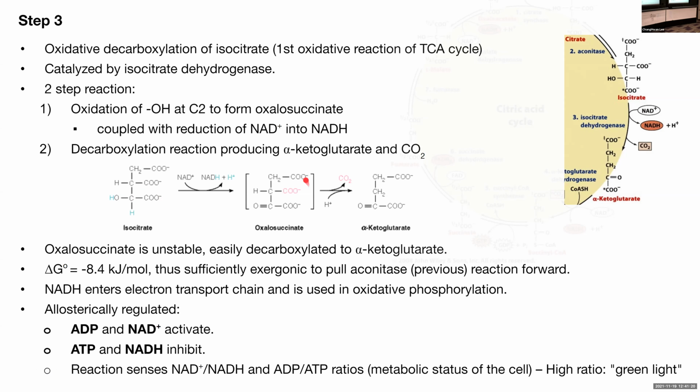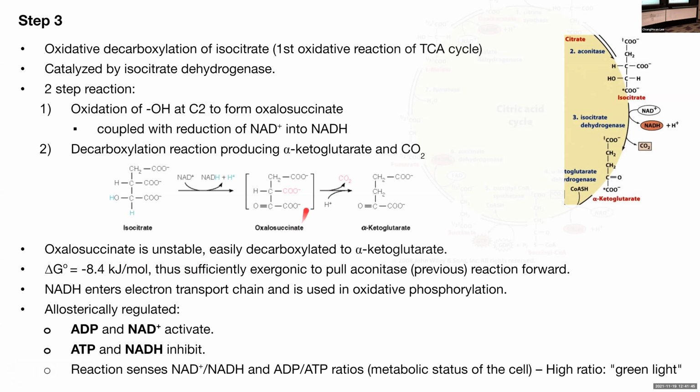And then the next step is the decarboxylation of oxalosuccinate to produce alpha-ketoglutarate, where it loses the carboxylate on C2, and since it is COO minus, it becomes carbon dioxide.